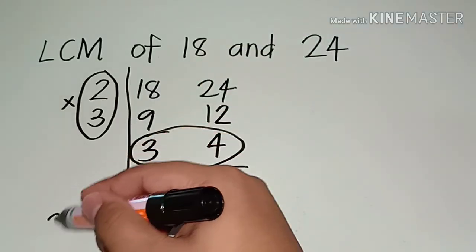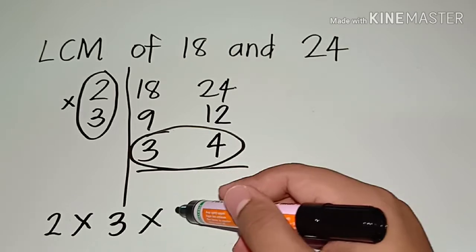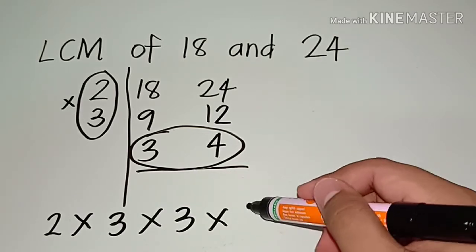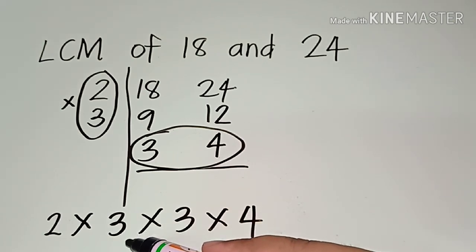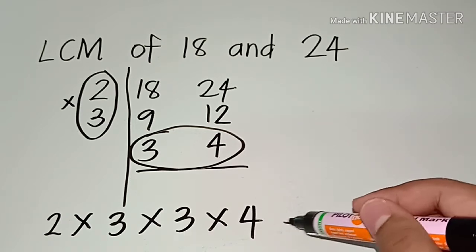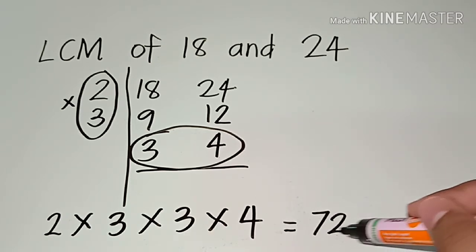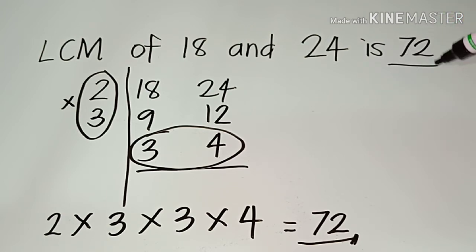So you have 2 times 3 times 3 times 4. 2 times 3 is 6, times 3 is equal to 18, times 4 is equal to 72. So that means the LCM of 18 and 24 is 72.